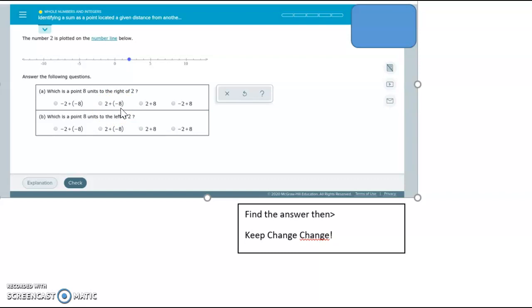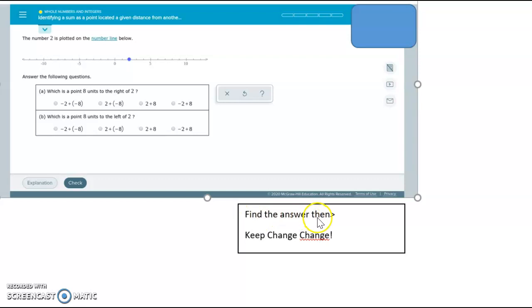Even if you didn't know, like if you were supposed to add a positive or a negative 8, you can confirm that by your number that you got on here when you counted 8 all the way to the right. And we got 10. And we know that 2 plus -8 does not equal 10, so that's just not an option. So 2 plus 8 is going to give us 10, and your answer would be this one.